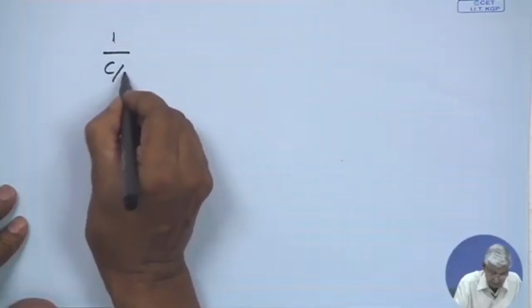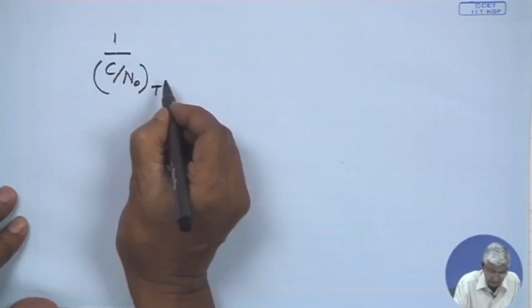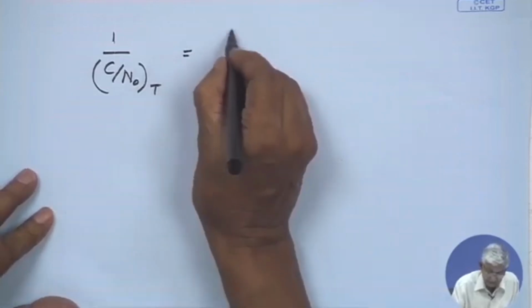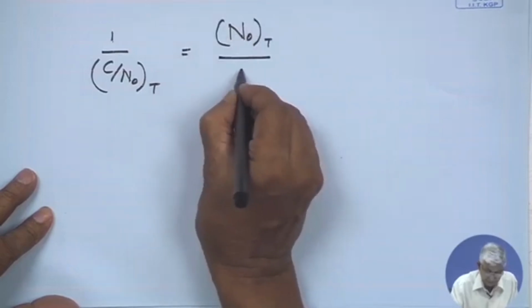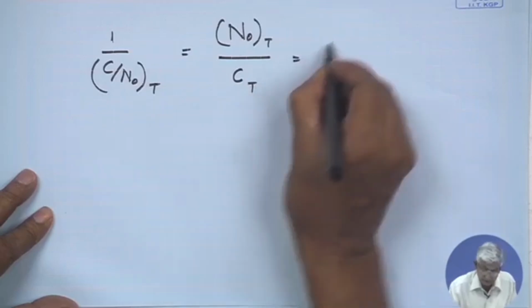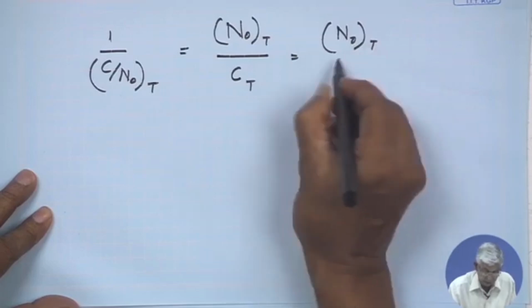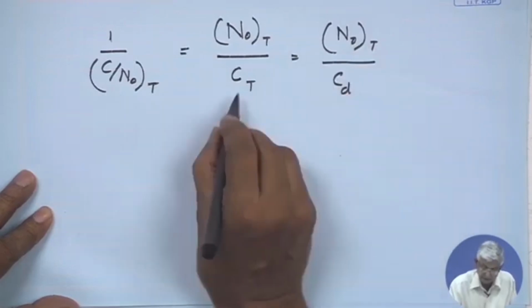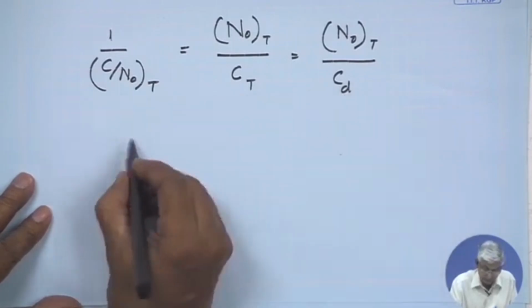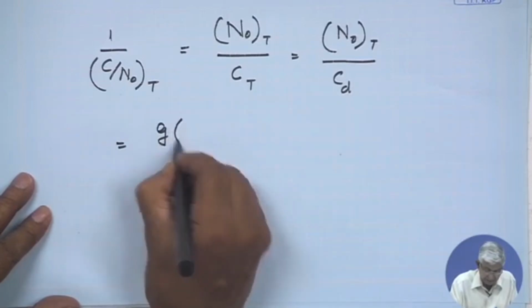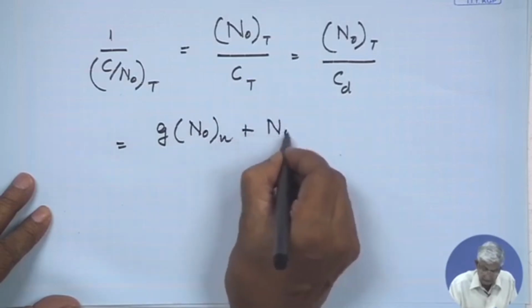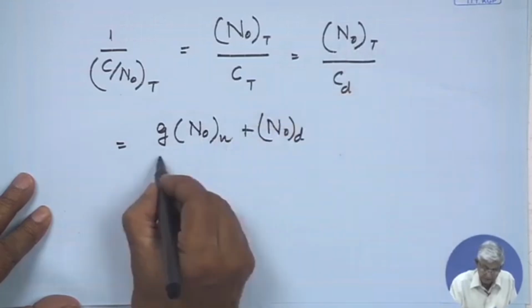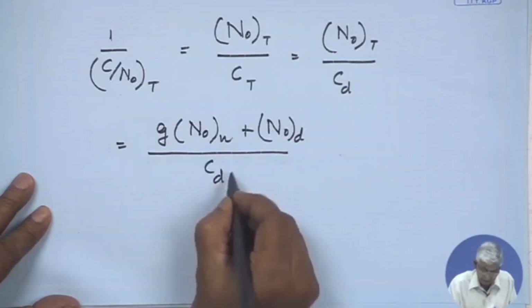That is, if we try to say 1 by C by N0 total, I can write it in a different way: N0 total, T for total, by C total, which is N0 total by C downlink, because what the downlink is seeing is the total, which is equal to G times N0 of uplink plus N0 of downlink, that is N0 total, divided by C of downlink.